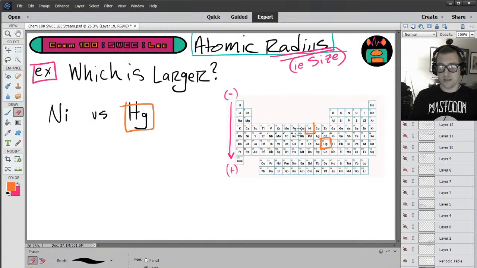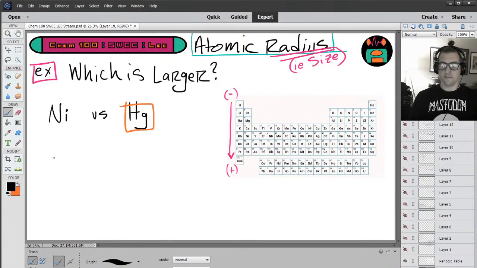What about, let's do another example. Let's compare fluorine versus strontium. Well, fluorine is located right here.